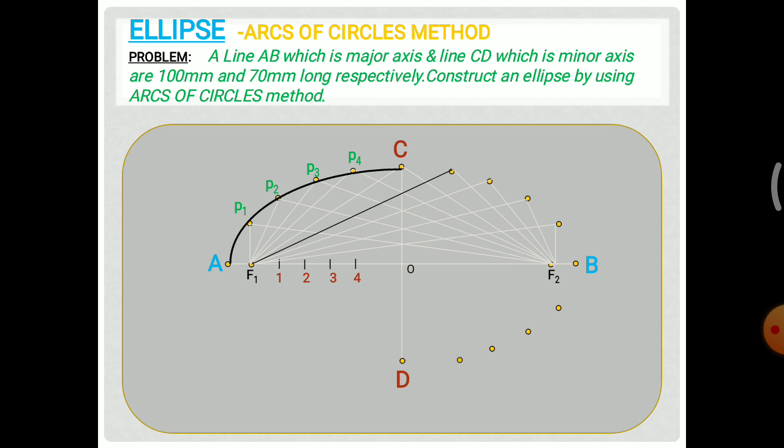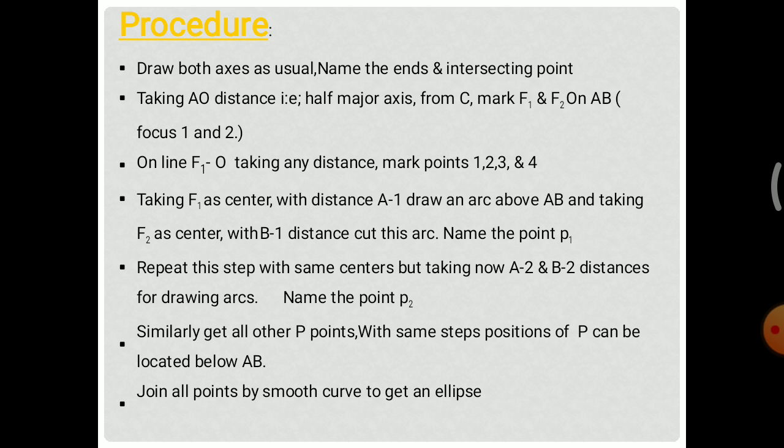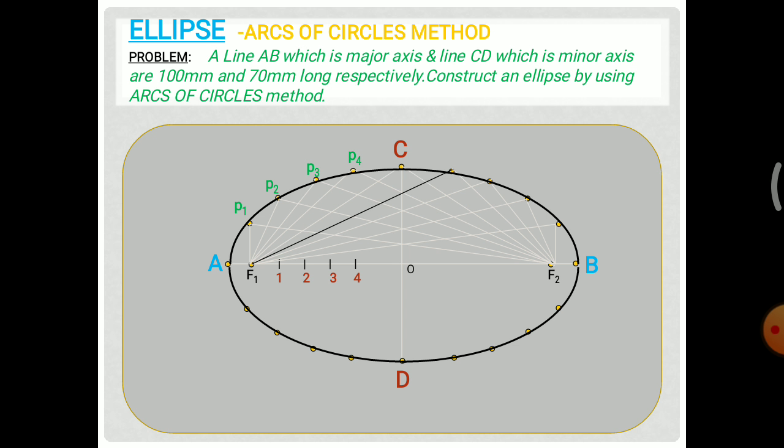On the bottom side also we have taken the same procedure. After we get the intersection points, join all the points in every quarter, that is A to C, C to B, B to D and D to A.